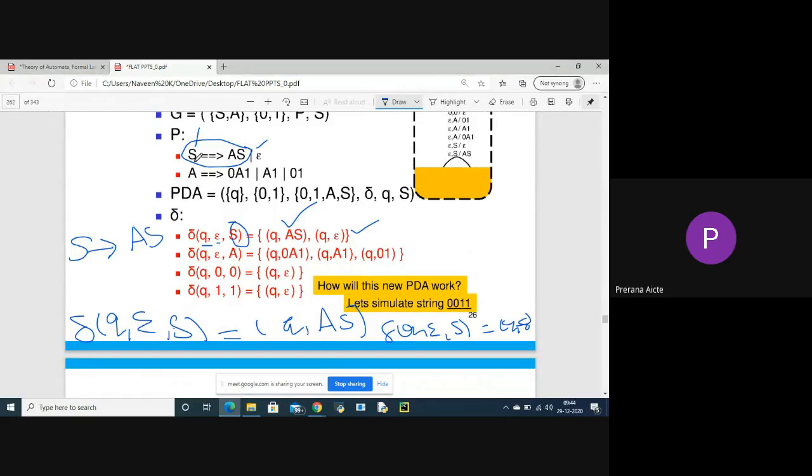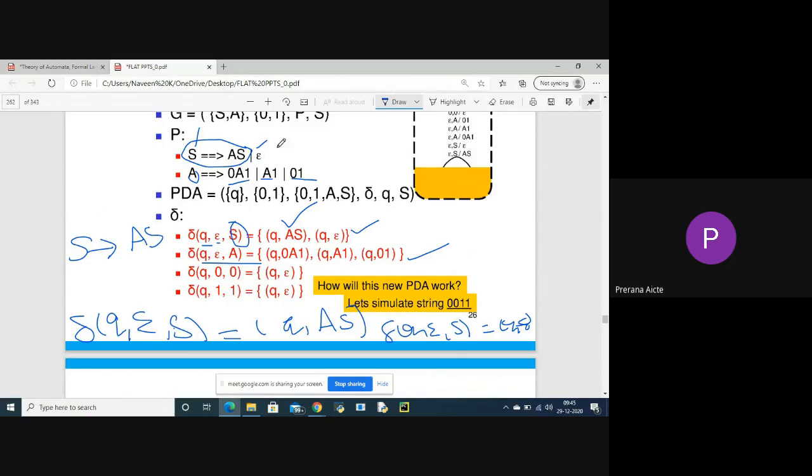In the same manner, A tends to 0A1 and 01. So for these productions, delta of Q comma epsilon comma A is equal to Q comma 0A1, Q comma 01. This is the transition function for the given production A tends to 0A1 or 01.